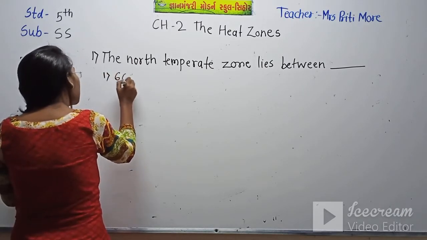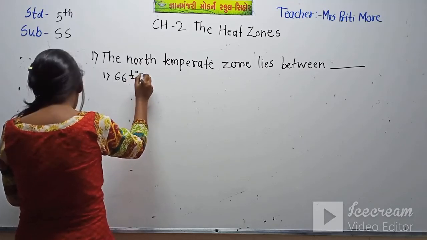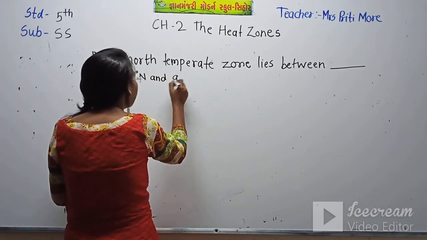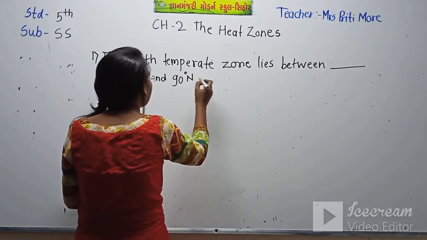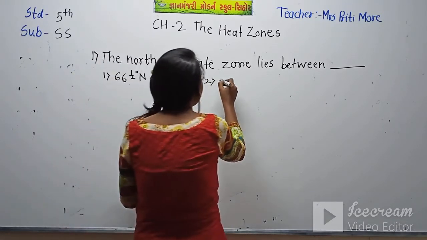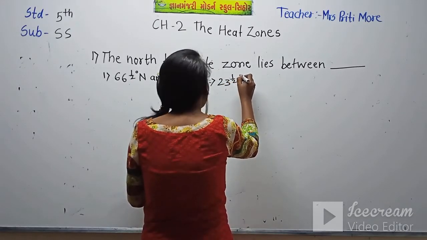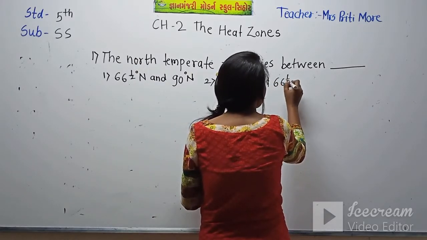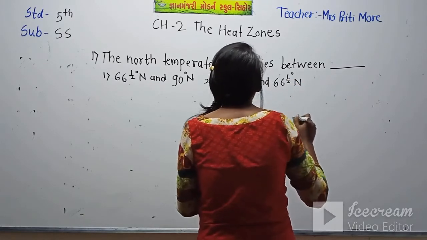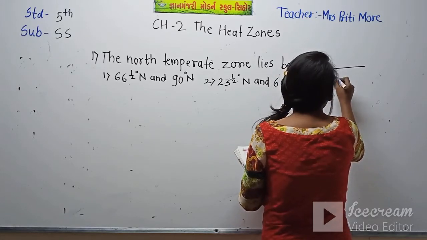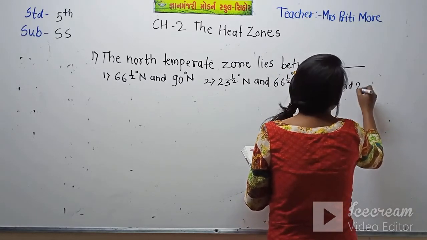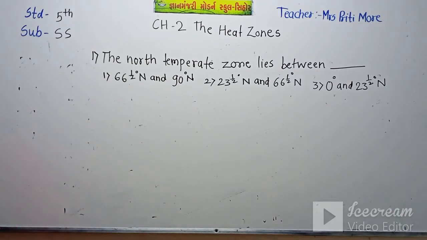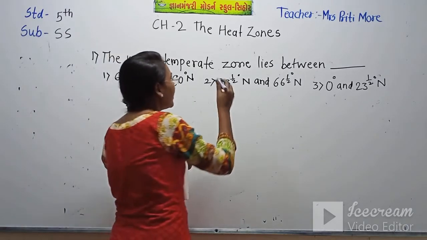Option 1, 66.5 degree N and 19 degree N. Option 2, 23.5 degree N and 66.5 degree N. The third option is 0 degree and 23.5 degree N. Here we have to tick the correct option and write it in the blank space.